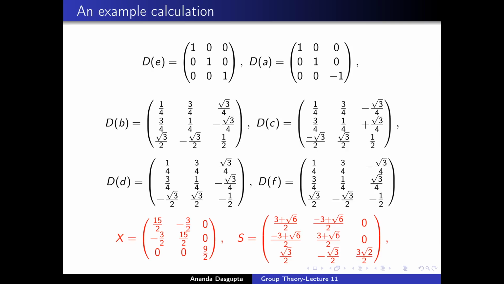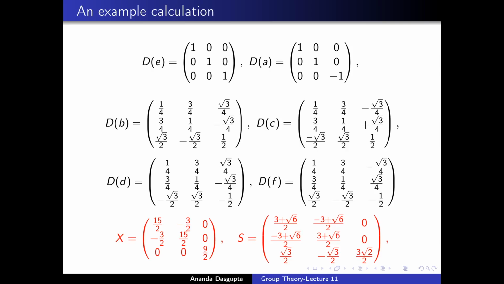However, sometimes you don't even need the representation that you're using to be unitary. The very fact that it is equivalent to some unitary representation is enough for you to prove some very interesting results, as you will see when we talk about the orthogonality of the character vectors, which is a very important result in this course. But all that is for later.